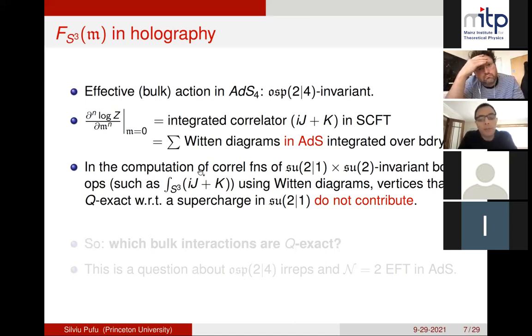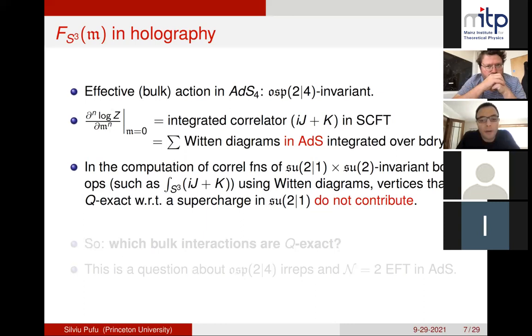So if in the computation of correlation functions of such operators using Witten diagrams, bulk vertices that are Q-exact with respect to some supercharge Q that lies inside this SU(2|1) algebra do not contribute. This fact follows from supersymmetry: Q-exact terms do not contribute to correlation functions of supersymmetric operators.